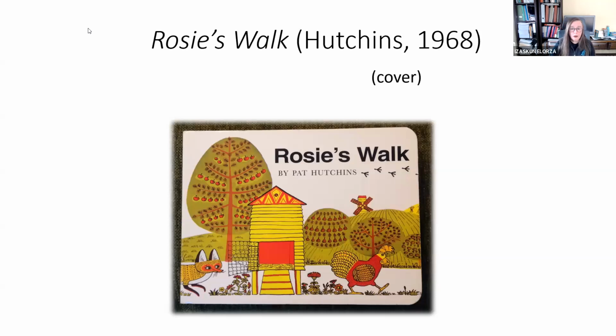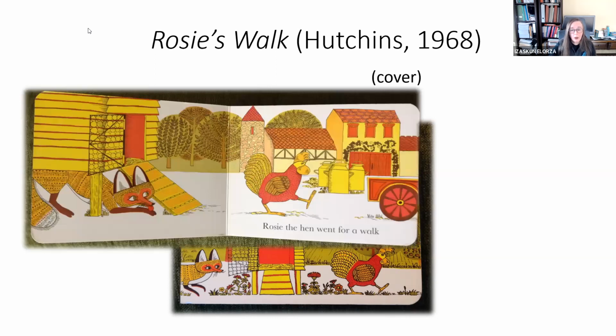When we look into the visual information, what we have is a lot of information available at the same time. When we read that Rosie the hen went for a walk, what we can see is a lot of other kinds of information at the same time.